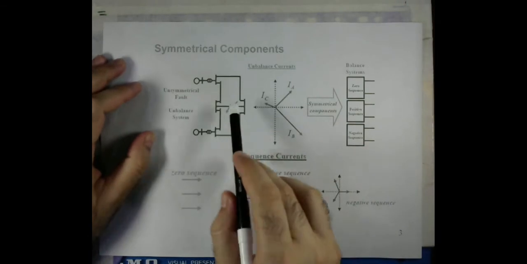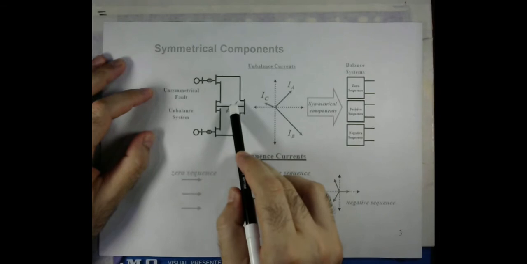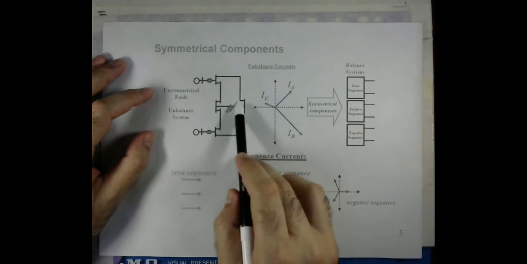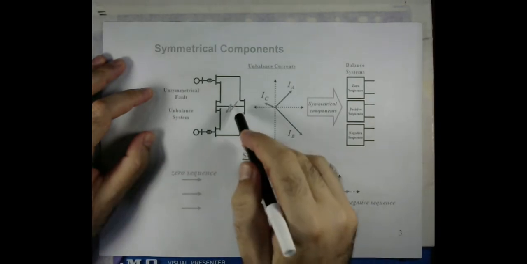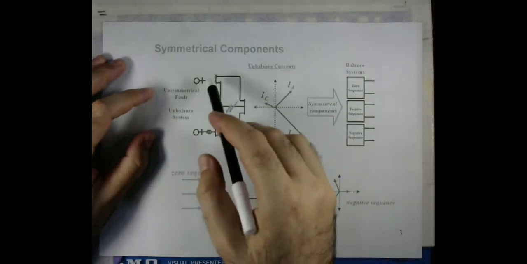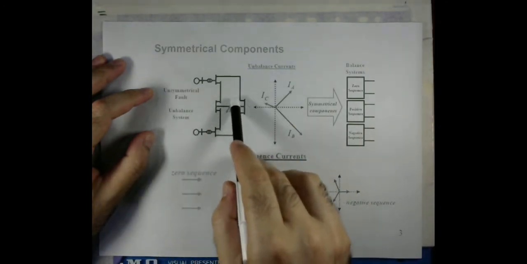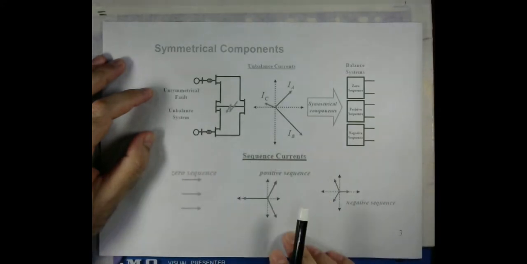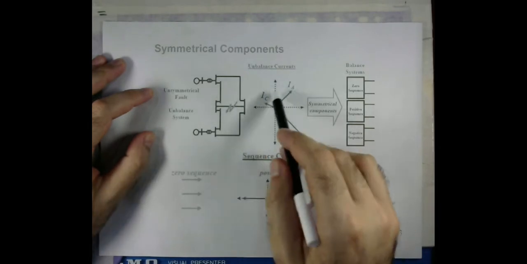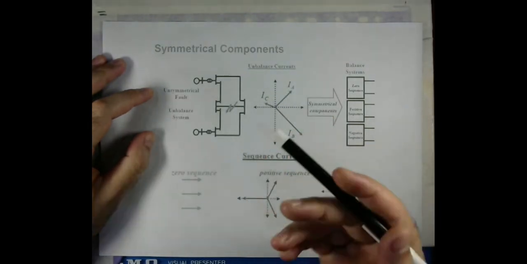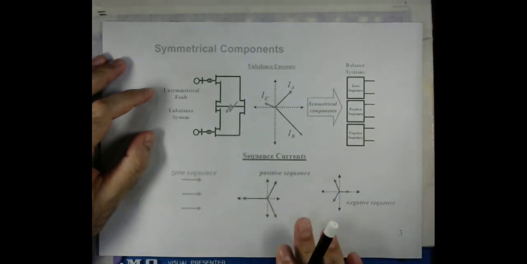Let us assume that an unbalanced fault appears on one of the lines, resulting in an unbalanced system. When an unbalanced fault appears, the system will become unbalanced, and obviously these quantities, the resultant currents, or one can even talk about the voltages, are no more balanced.